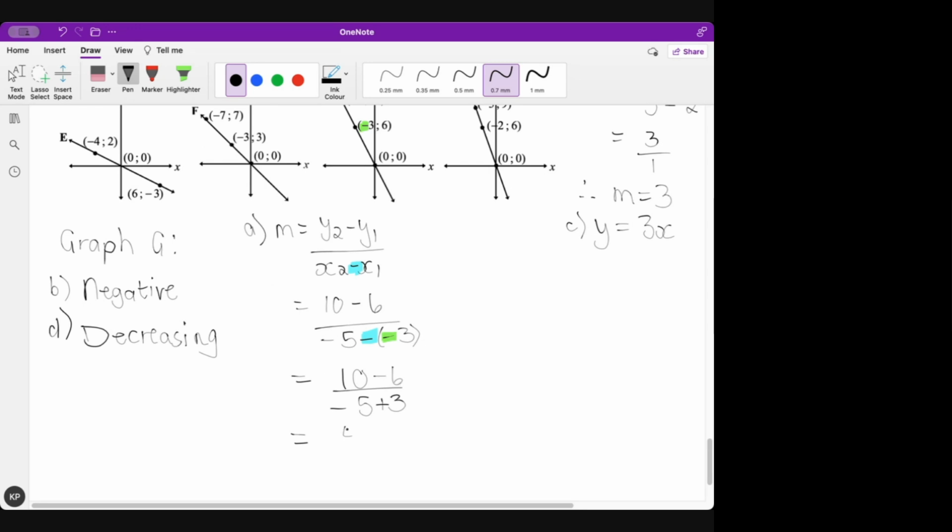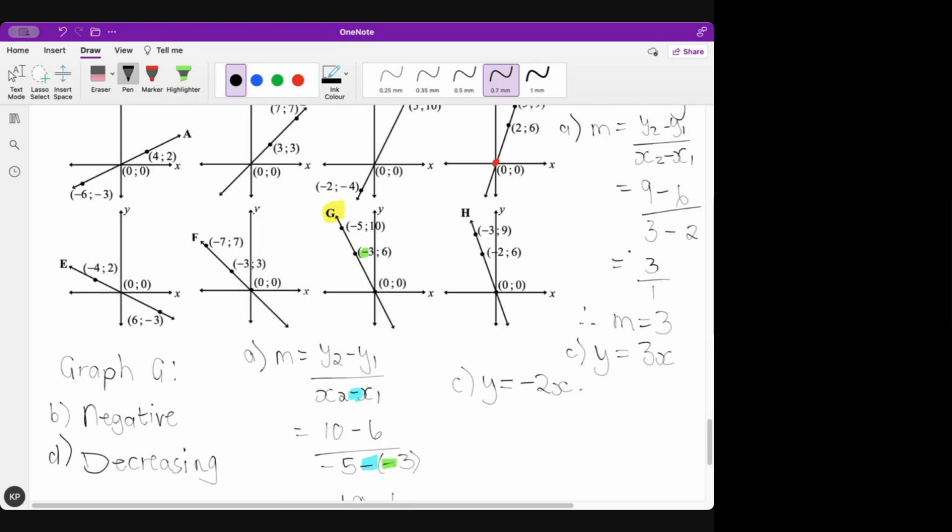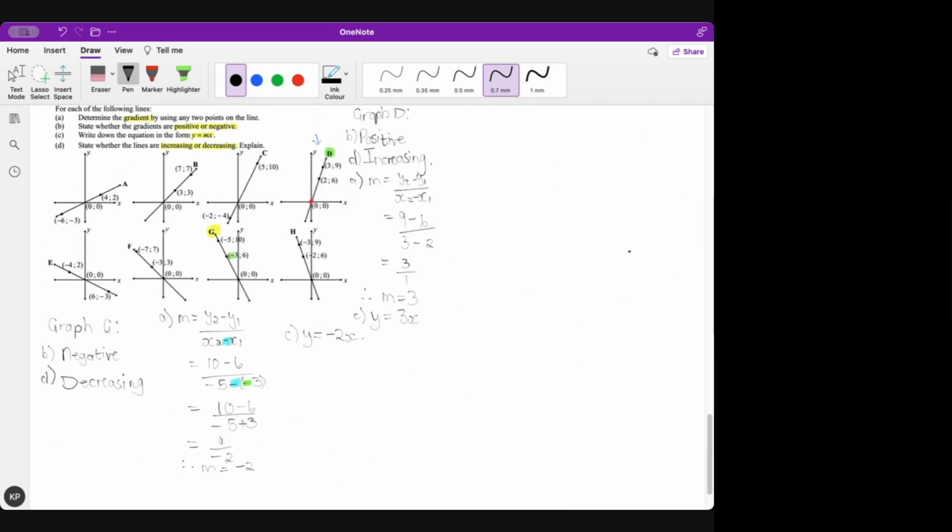We have 4 over -5 plus 3, which is a -2. Therefore, my m is equal to -2. And that means the formula for this graph is y is equal to -2x.